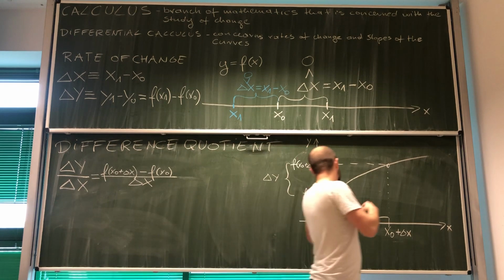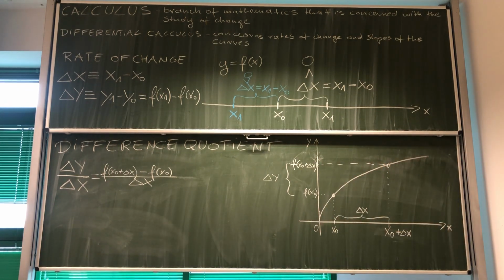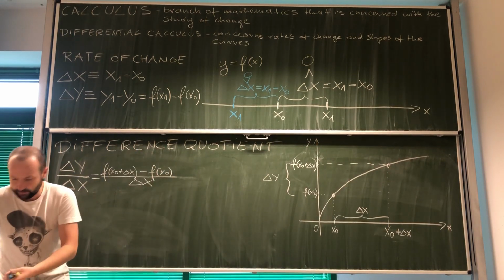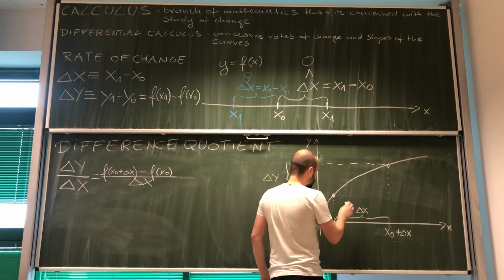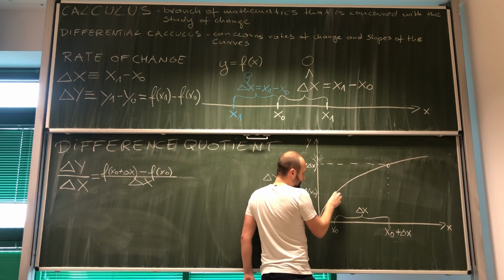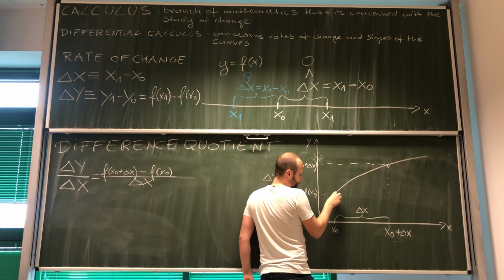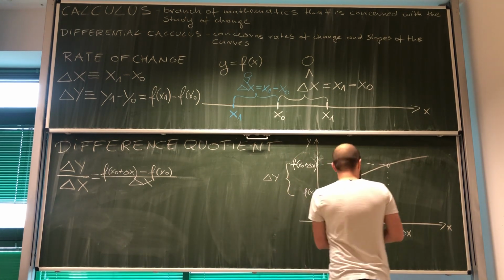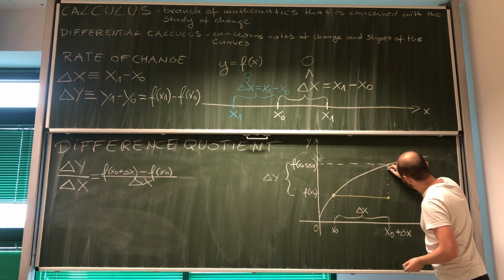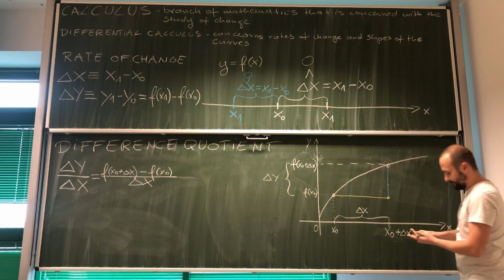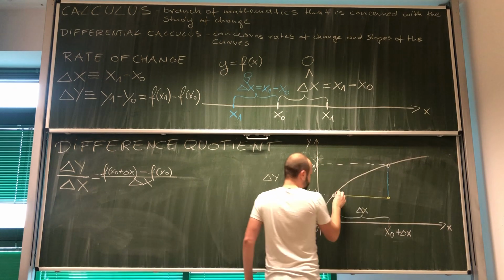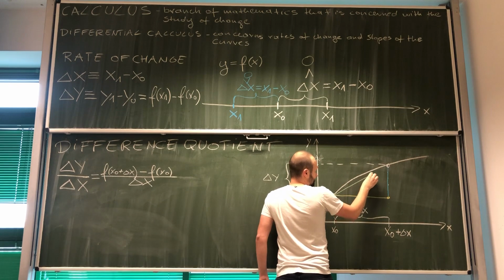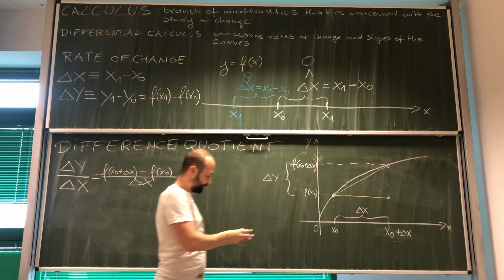Now, let me just illustrate this in a slightly different way. Let me use three different colors, and if I draw a line from this point to here, from this point to here, and then from this point to here, what am I getting?